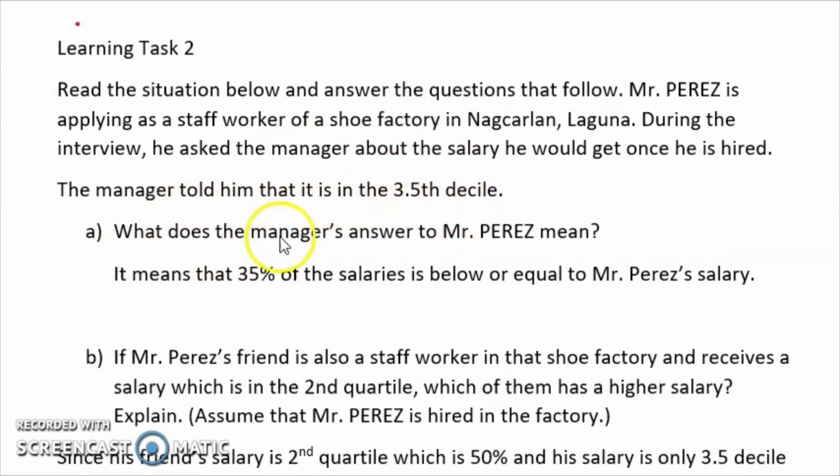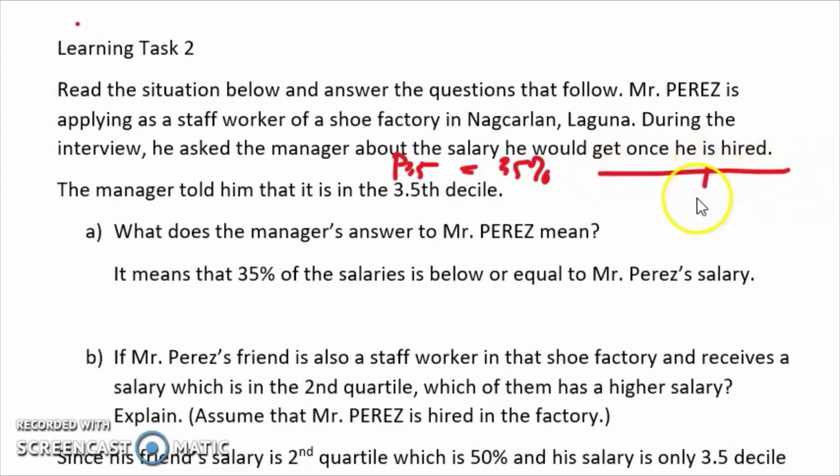Okay, what does the manager's answer to Mr. Perez mean? Okay, if we are going to convert this 3.5 decile to percentile, you will have P35, diba? Kasi 3.5 times 10 is 35, which means this is 35%. Okay?